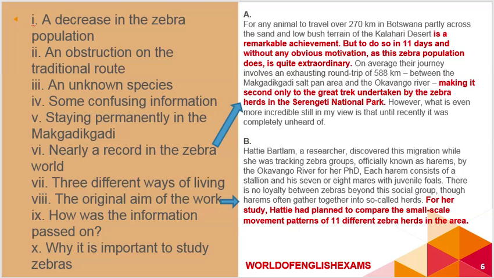Making it second only to the Great Trek, which means it's the second most important and greatest trek. That is the meaning of nearly a record. That means it's not a sole record, but it is the second time that the record has been set.